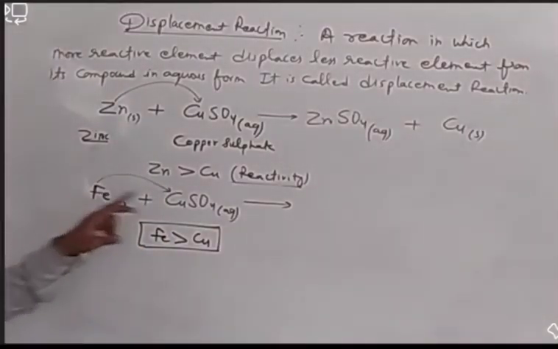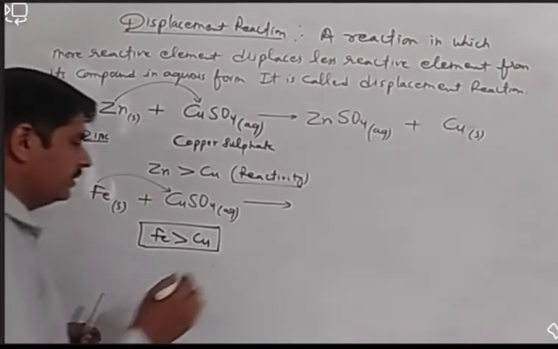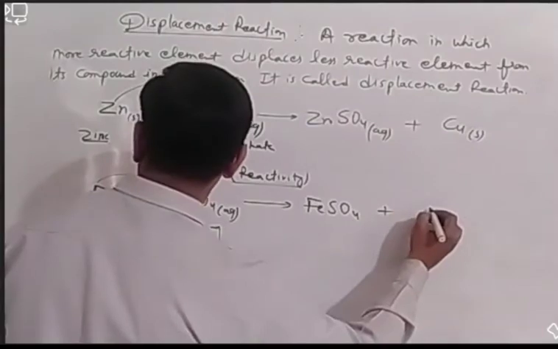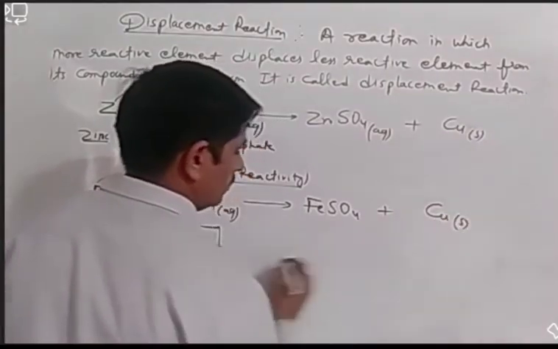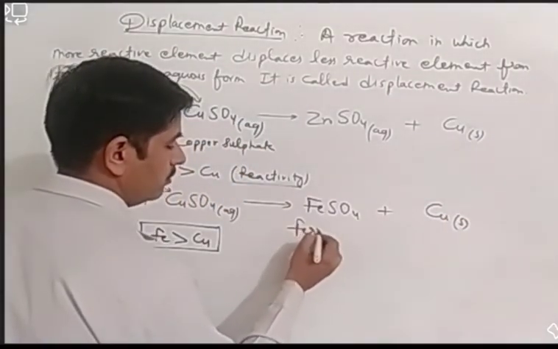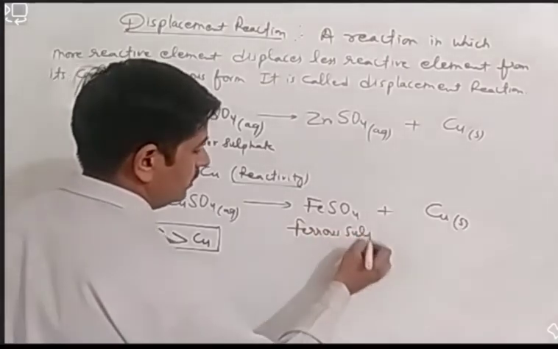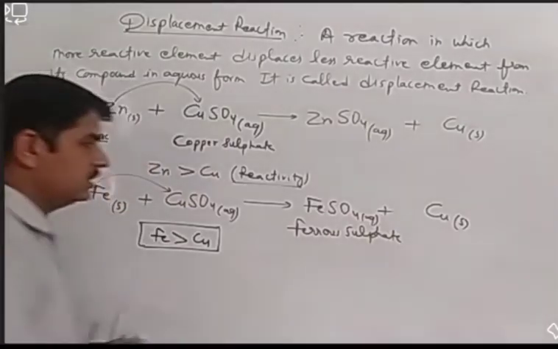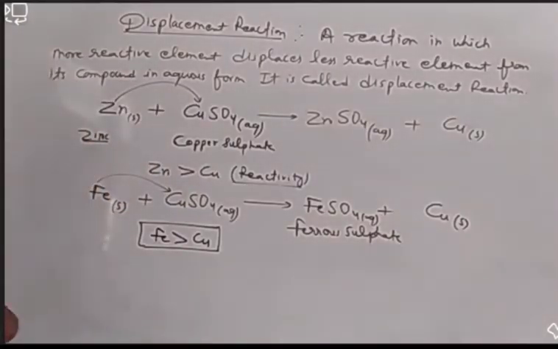So obviously it will displace copper from copper sulfate and it will form FeSO4 plus Cu solid. This is ferrous sulfate aqueous. So this is an example of displacement reaction.